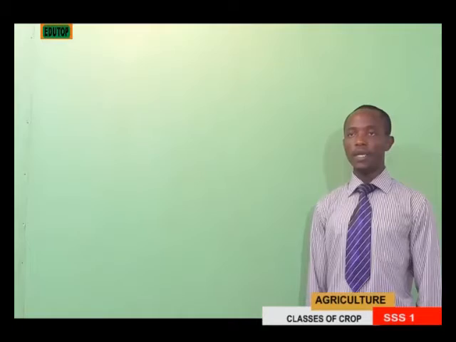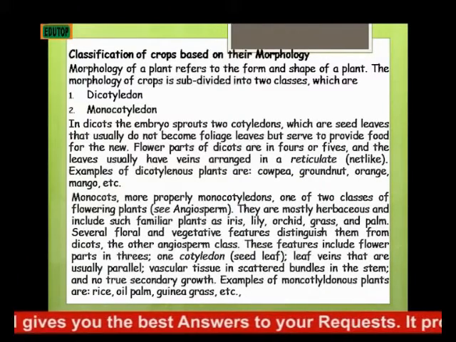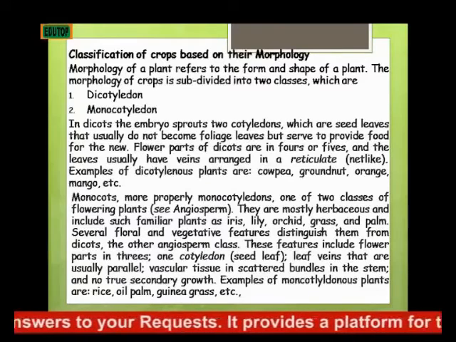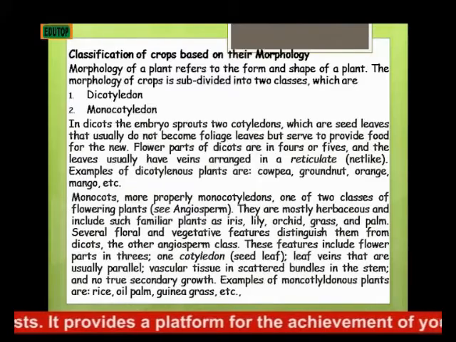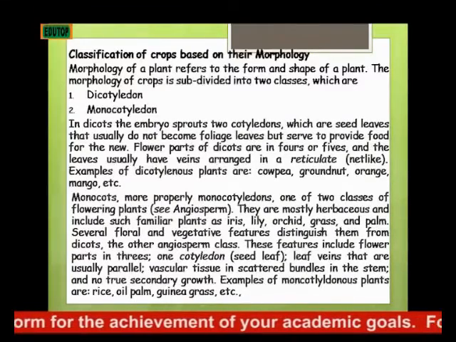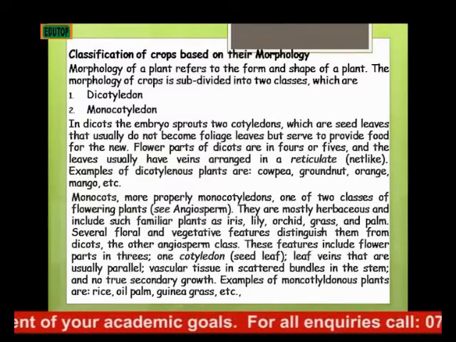Then we have the classification of crops based on their morphology. What is morphology? Morphology of a plant refers to the form and shape of a plant. The morphology of crops is subdivided into two classes, which are dicotyledon and monocotyledon. Now we'll be dealing with the dicotyledon first.